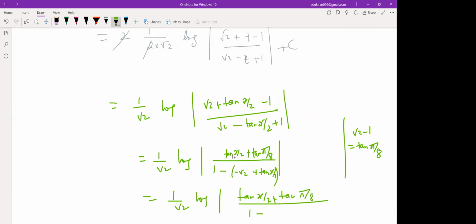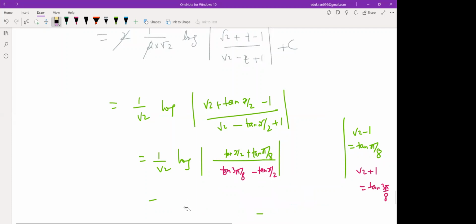So if we write it as, yeah, one thing we can do, root 2 plus 1, if we write it as tan 3 pi by 8, so another is root 2 plus 1, which is tan 3 pi by 8. This also you have to remember. So tan 3 pi by 8 minus tan x by 2 you can write. But how can we proceed further then? Because in numerator it is tan pi by 8, in denominator tan 3 pi by 8.